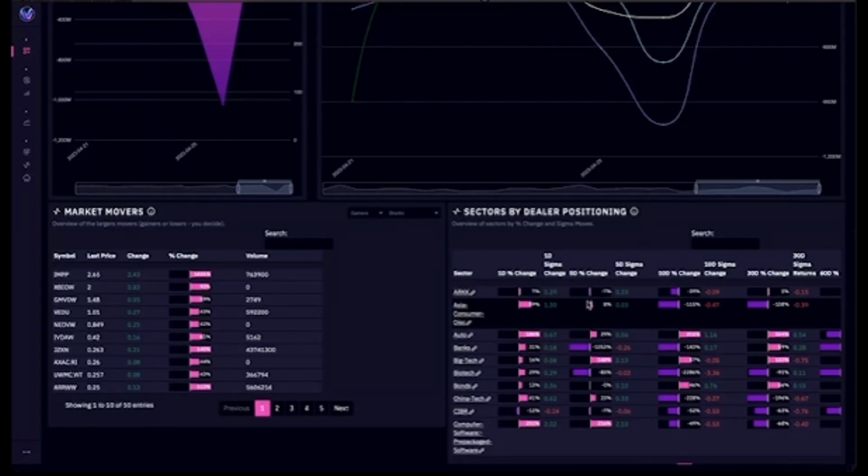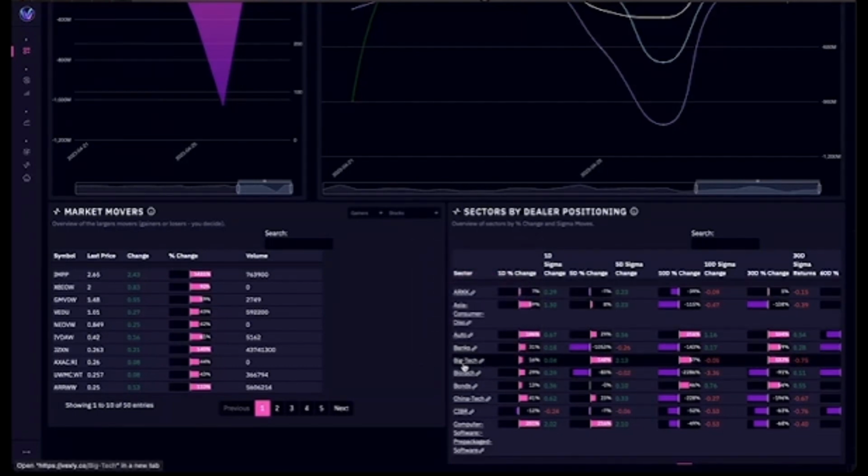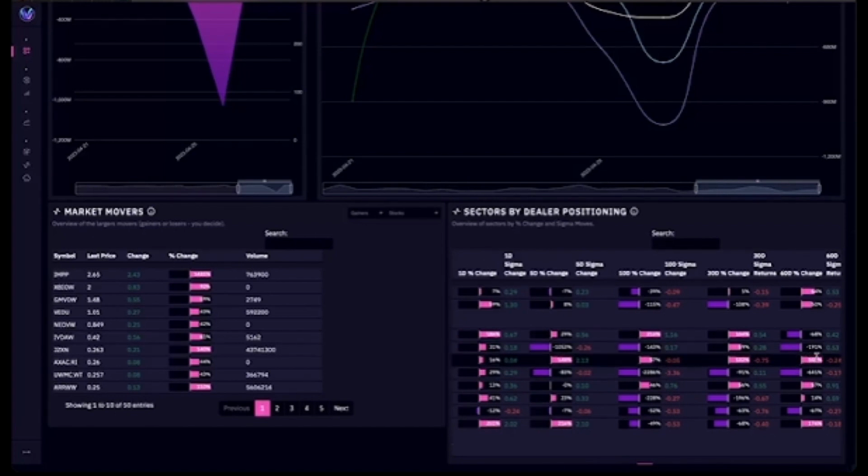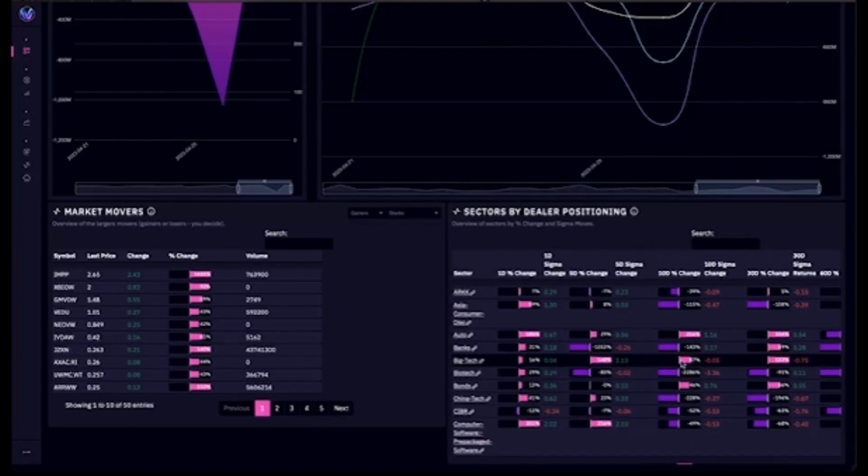So I'll take examples that we've got in the past, like big tech. That's had negative sigma changes, so these moves up aren't that great in comparison to what it's seen in the past. There are increases as well on the percentage change side, which is also very important, and I look at those too. But what you can see quite clearly is a major increase over the 60-day period, a decent size increase over the 30-day period, another increase over the 10-day period, a major increase over the 5-day, and then right here it's really whittled down.